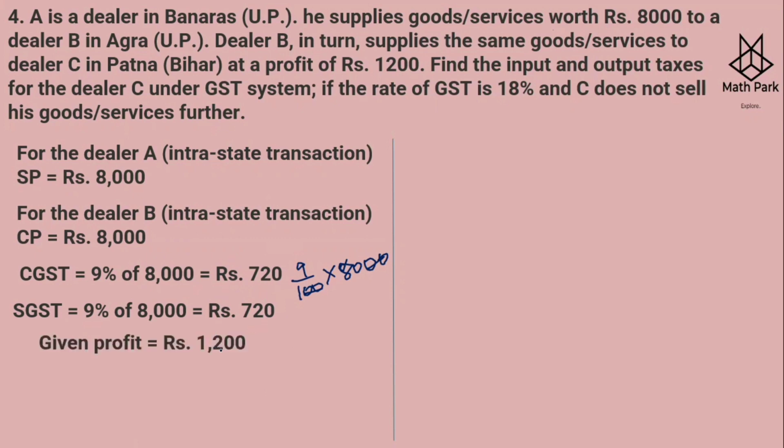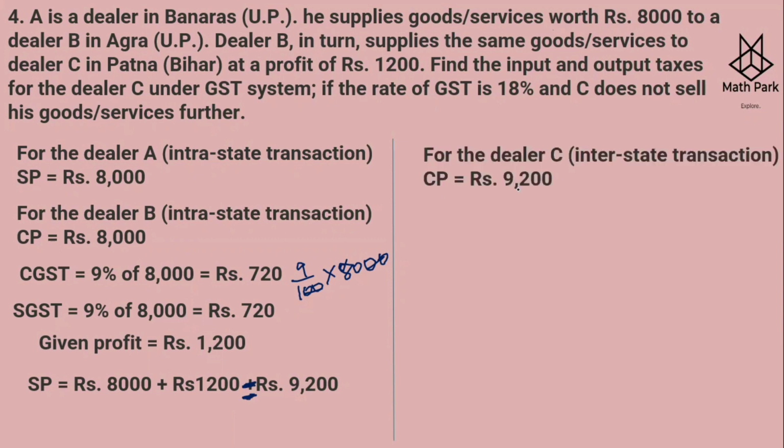So the given profit is 1,200. So the selling price is rupees 8,000 plus 1,200, which is equal to rupees 9,200. 9,200 is the selling price for dealer B. Now, for dealer C, this selling price for dealer B is going to be the cost price for dealer C, which is an interstate transaction.